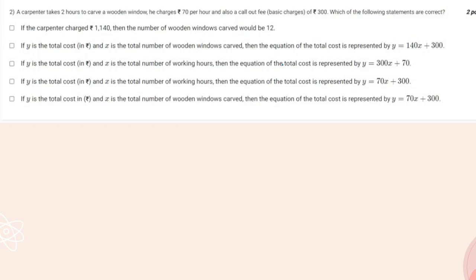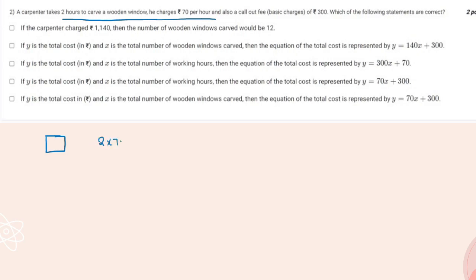Moving to the second one. This question is basically based on a carpenter. A carpenter takes 2 hours to carve a wooden window and he charges 70 rupees per hour. Let us suppose this is a wooden window, it takes 2 hours to complete, and he charges 70 rupees per hour.